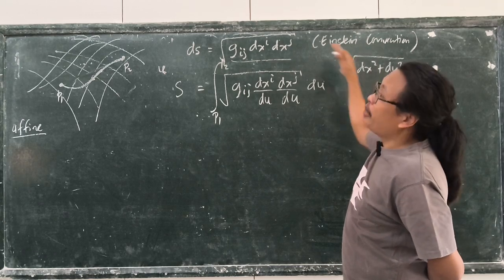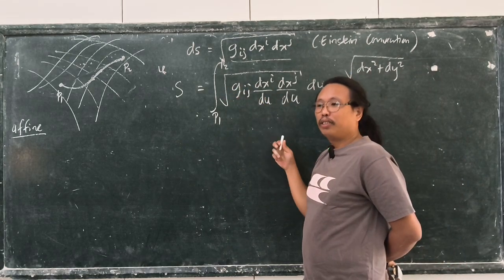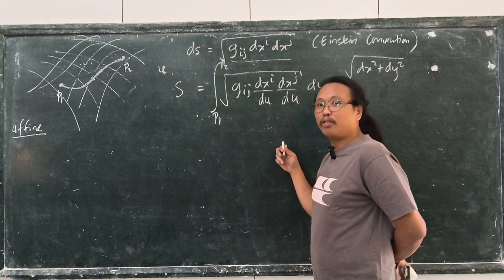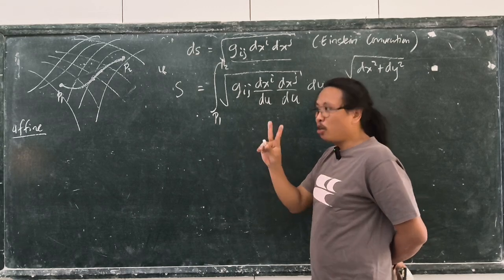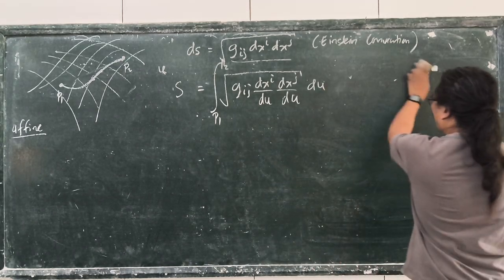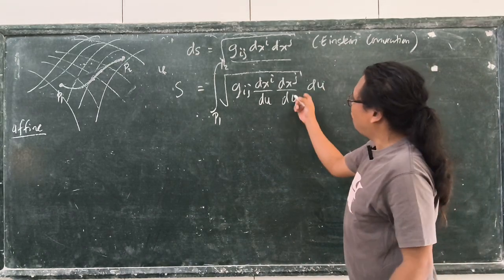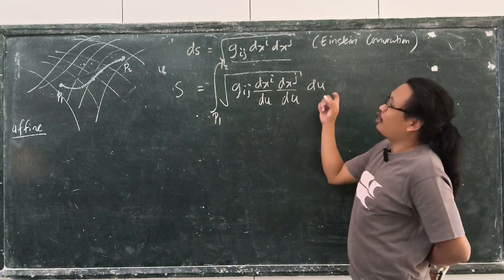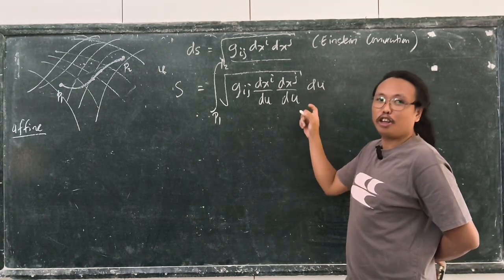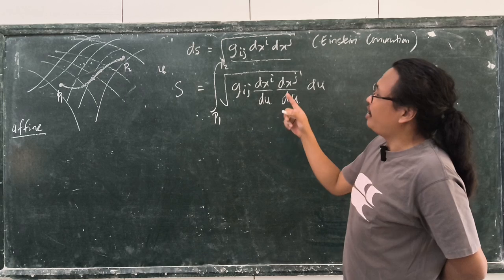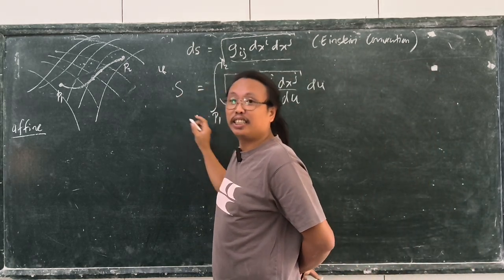Now, we are in an arbitrary curve. In general, actually a manifold, not only a surface. The surface is a two-dimensional manifold. Now, we want to minimize this functional.